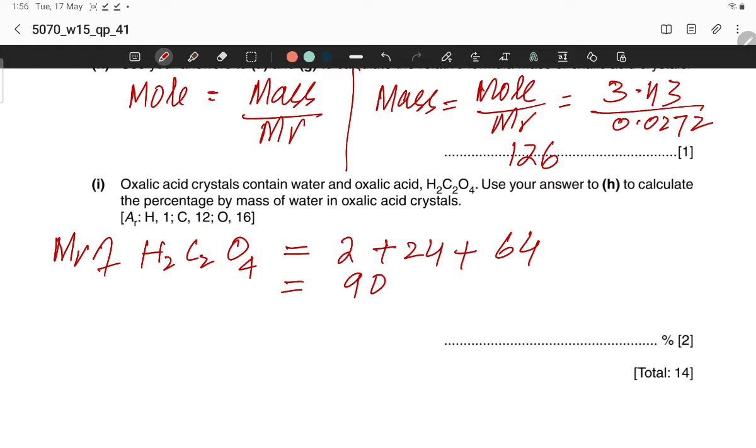So you know that it contains water as well. H2C2O4.2H2O is equal to 126.